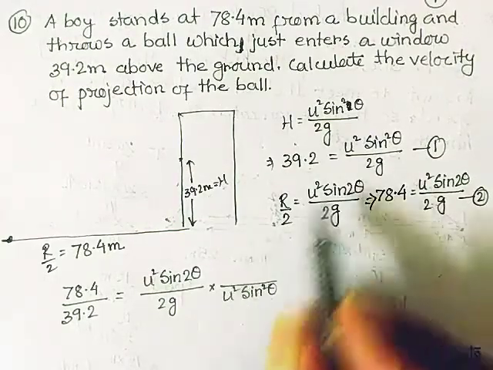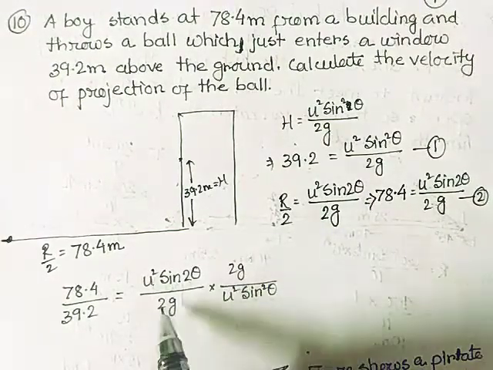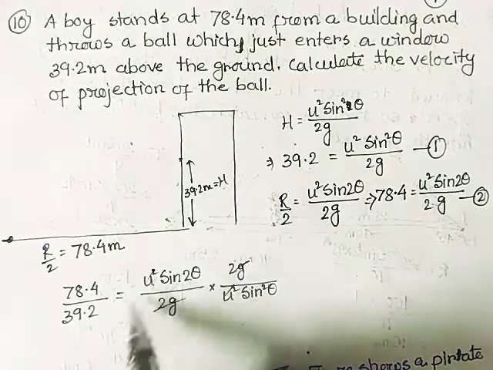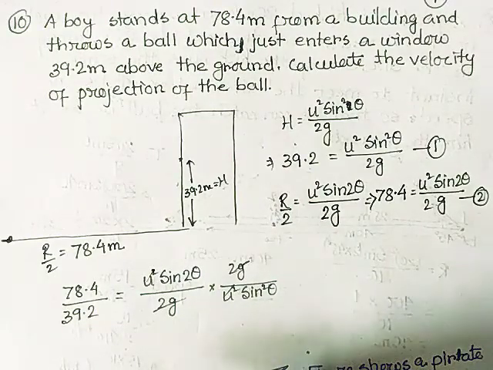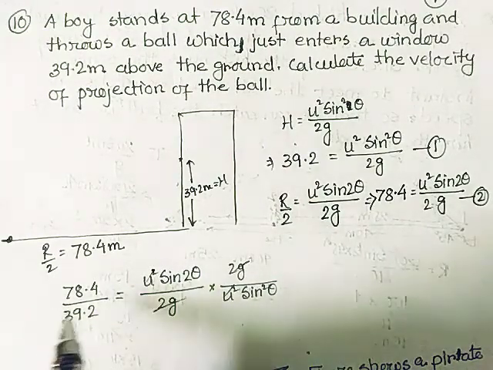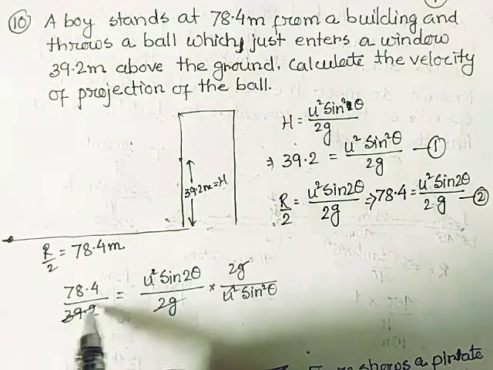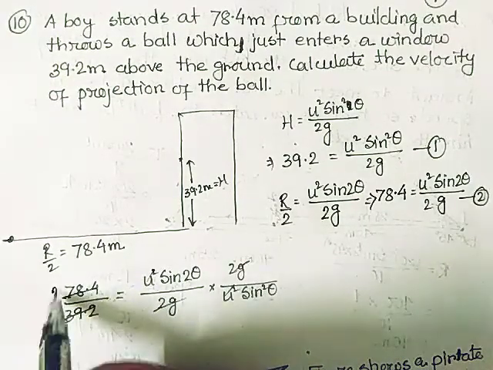So u square cancels out, 2g cancels out, and 78.4 by 39.2 is 2.